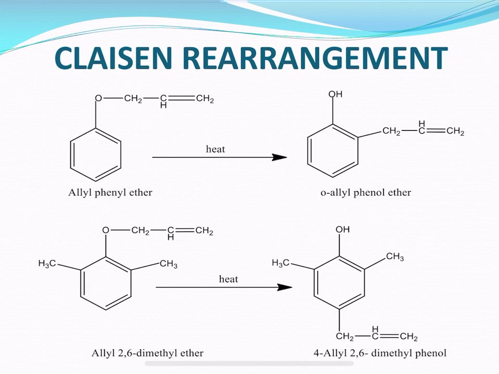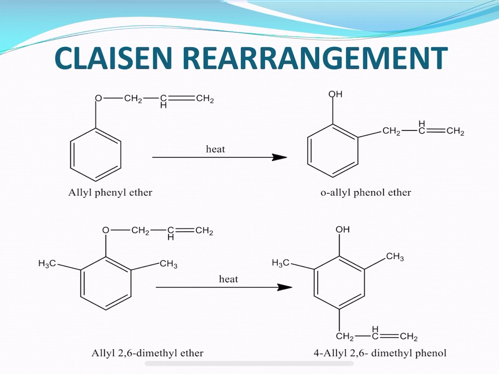The reactant of this reaction, allyl phenyl ether, is converted into a gamma-delta unsaturated carbonyl compound when subjected to heat or a Lewis base or acid. So this plays a very important role in organic chemistry.